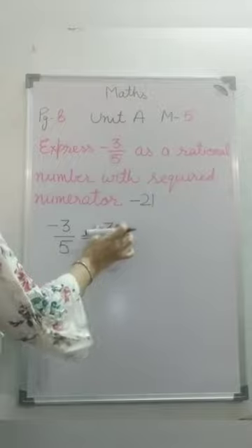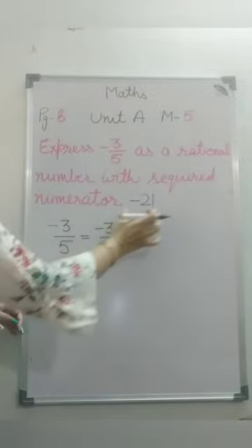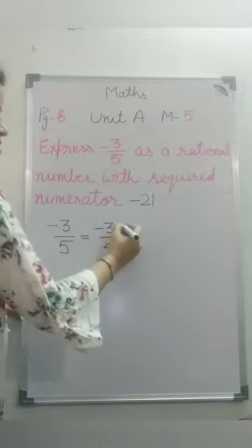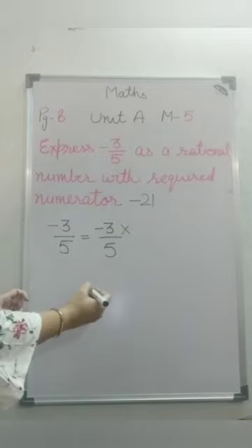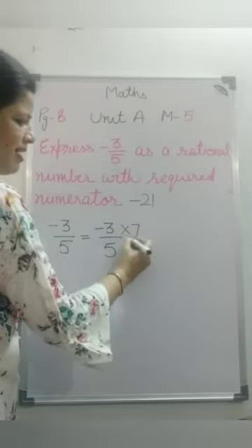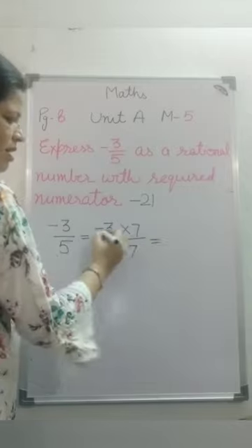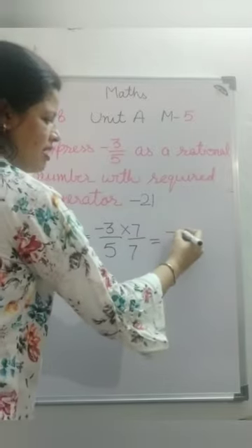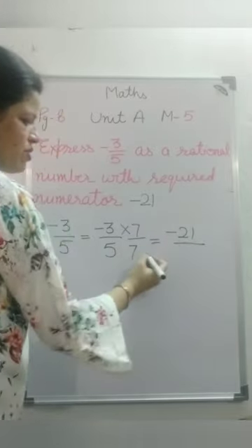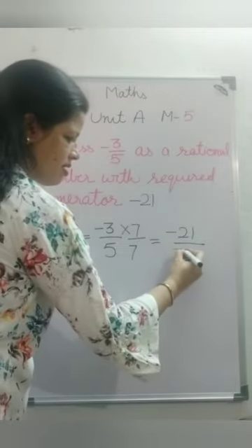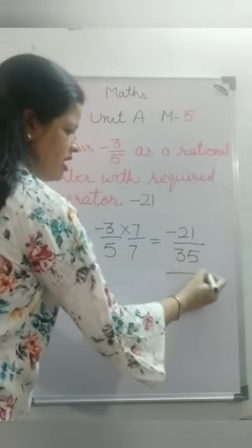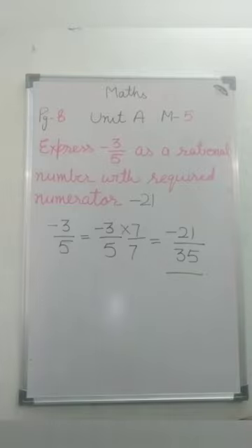Minus 3. By which number do we multiply 3 so that it becomes 21? 3 into 7 is 21. So we multiply it by 7 upon 7. So minus 3 into 7 is minus 21, upon 5 into 7 is equal to 35. So this is the solution.